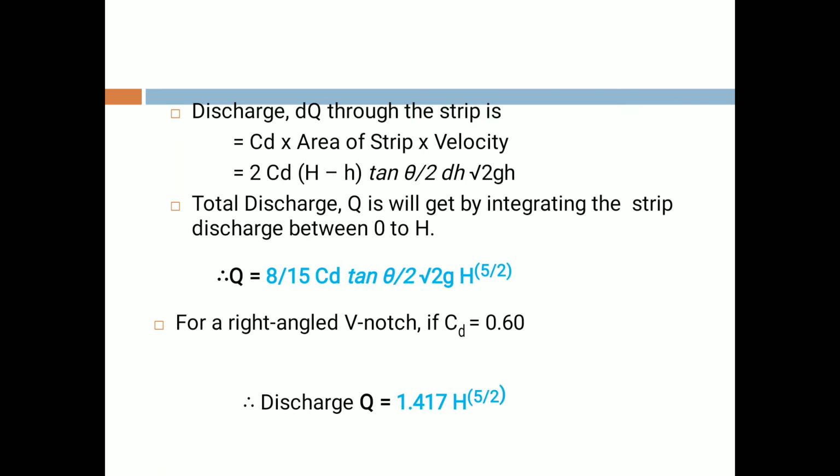And another formula, Q is equal to 1.417 into H to the power 5/2, can be used when the value of Cd is taken as 0.6, or it may be given.